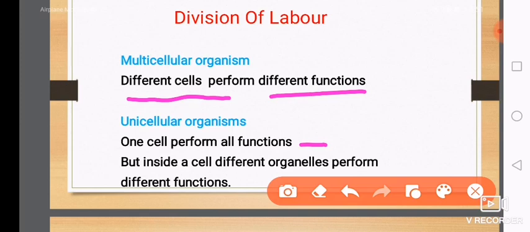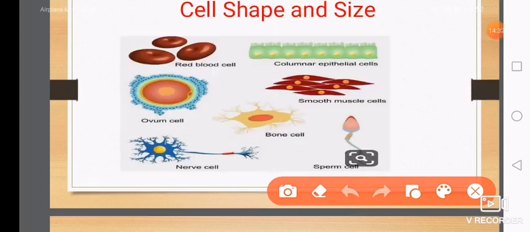So division of labor is at cellular level. While in unicellular organism, one cell is performing all function. But when we look inside a cell, different organelles are performing different function. Okay, so we can say that in unicellular organism, division of labor is present at organelle level. So you have understood about this division of labor.